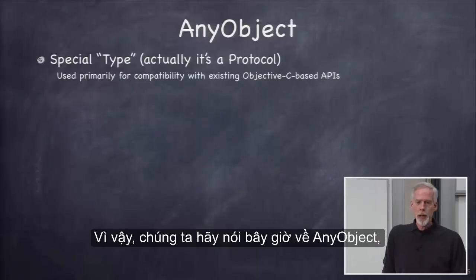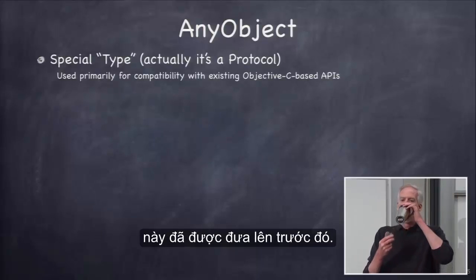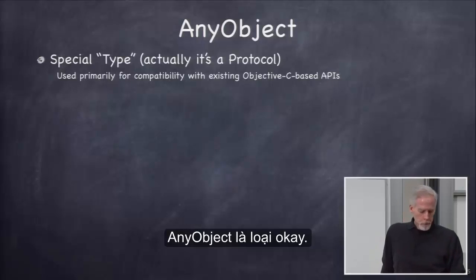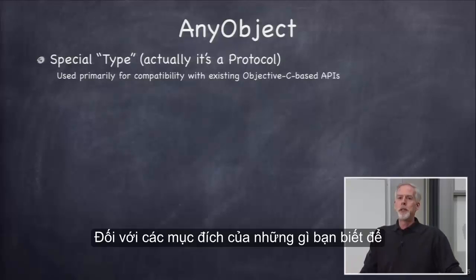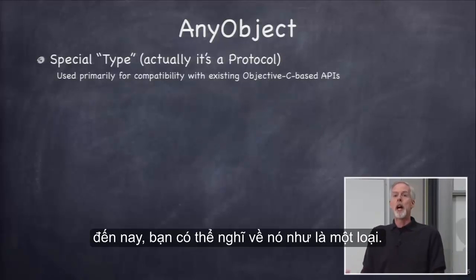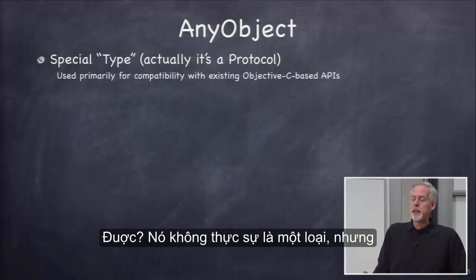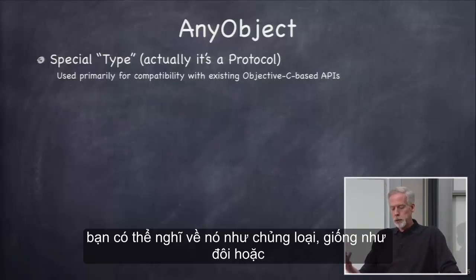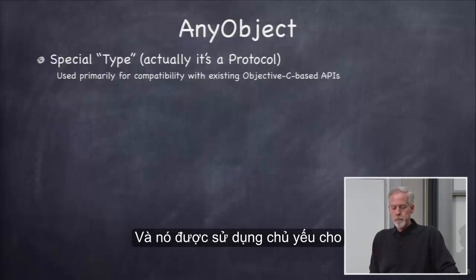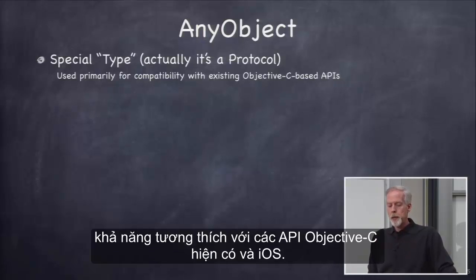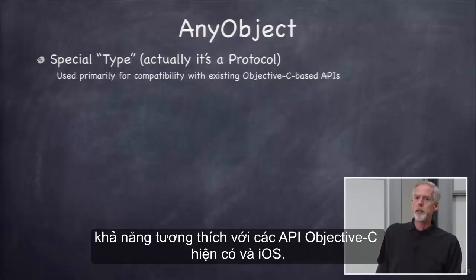Okay, so now let's talk about AnyObject. This was brought up earlier. For the purposes of what you know so far, you can think of it as a type. It's not really a type, but you can think of it as a type, like Double or Array or whatever. It's used primarily for compatibility with existing Objective-C APIs in iOS.